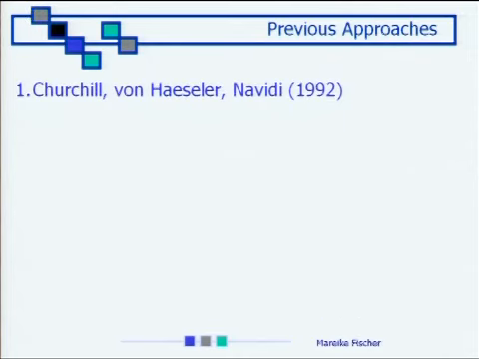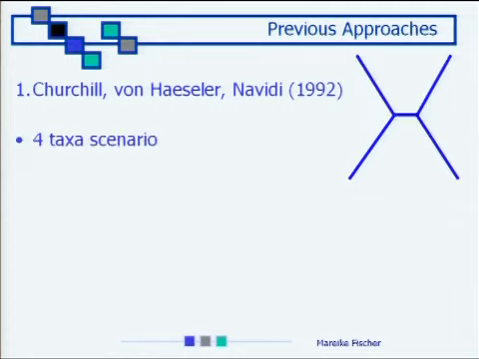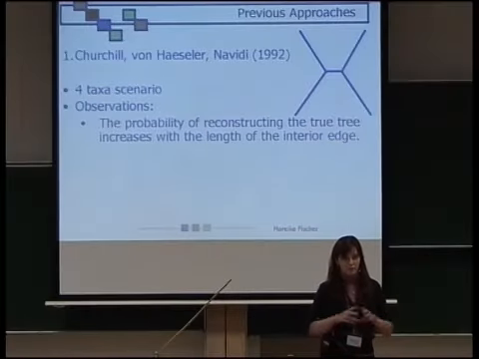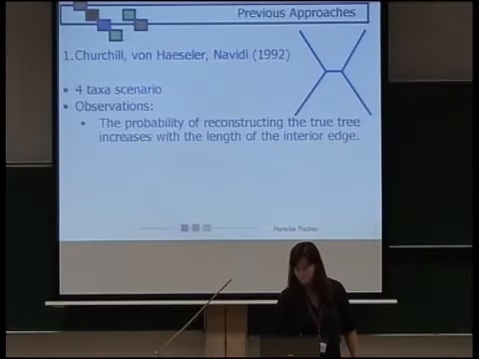For instance, in 1992, Churchill, von Haeseler, and Navidi looked at it, and they investigated various scenarios. One of them, the 4-taxon case, and they observed that, first of all, the probability of reconstructing the true tree correctly increases as the interior edge gets longer.